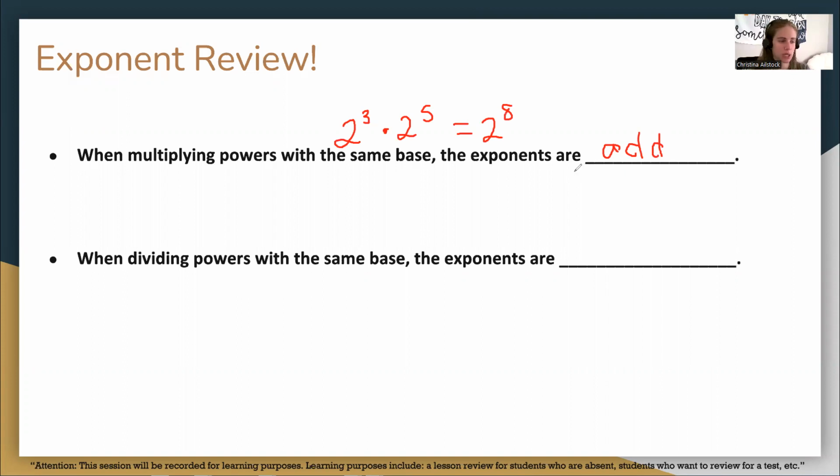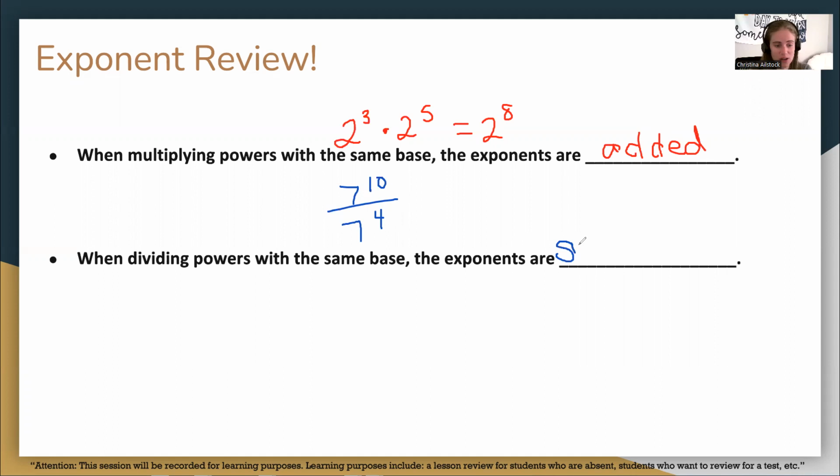All right, how about this second one here? When you are dividing powers with the same base, the exponents are... So for an example, if we had 7 to the 10th divided by 7 to the 4th, hopefully you said subtracted.